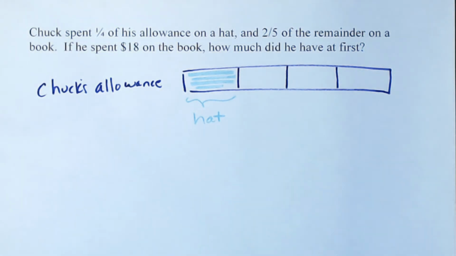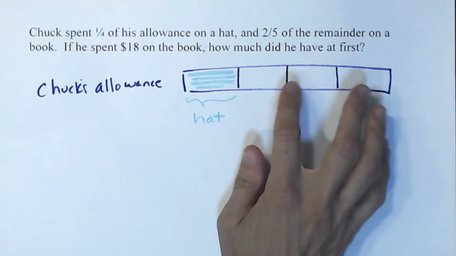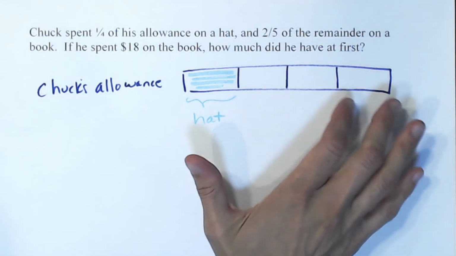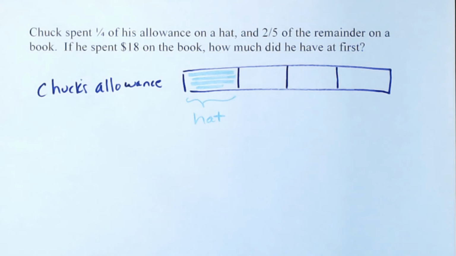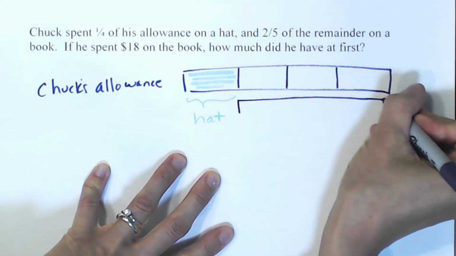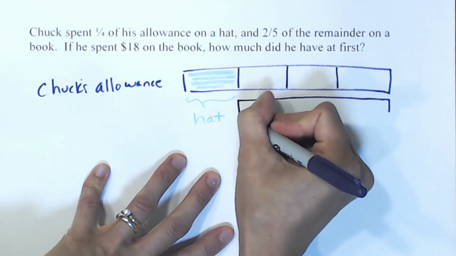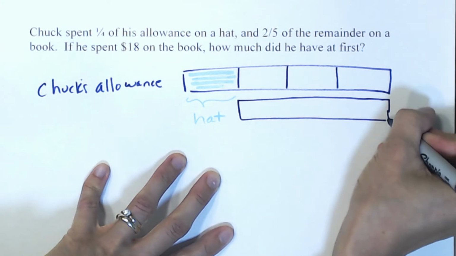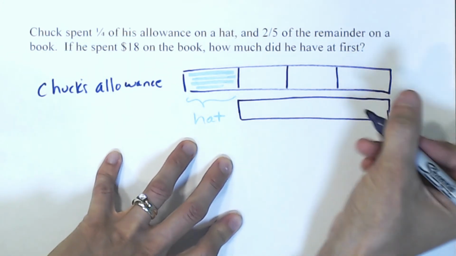Now 2/5 of the remainder he spent on a book. Now again, we can't easily take 2/5 of 3. As we showed before, you could break that down into 15ths and do it, but we're using this new technique. So what we're going to do is redraw a similar length bar right under it, and we're going to break that into fifths.